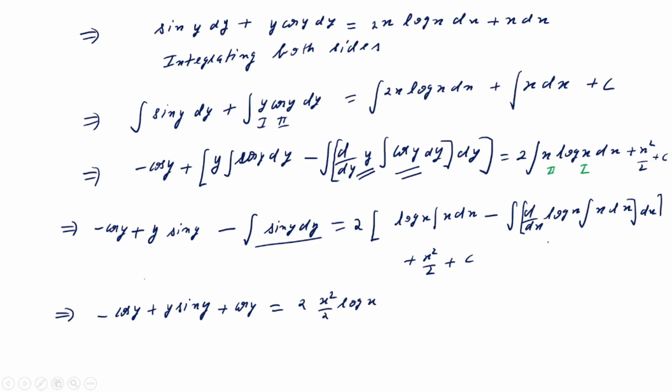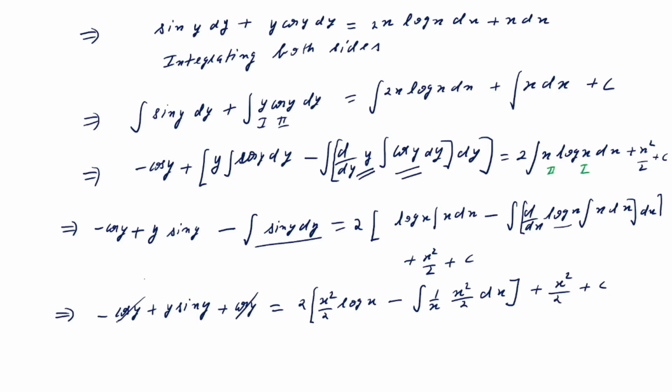Now check another part, what we will get from here: minus, keep this bracket, you will get the differentiation of log x is 1 by x, the integration of the second part x square by 2, whole integration, close this bracket, plus x square by 2 plus constant c.